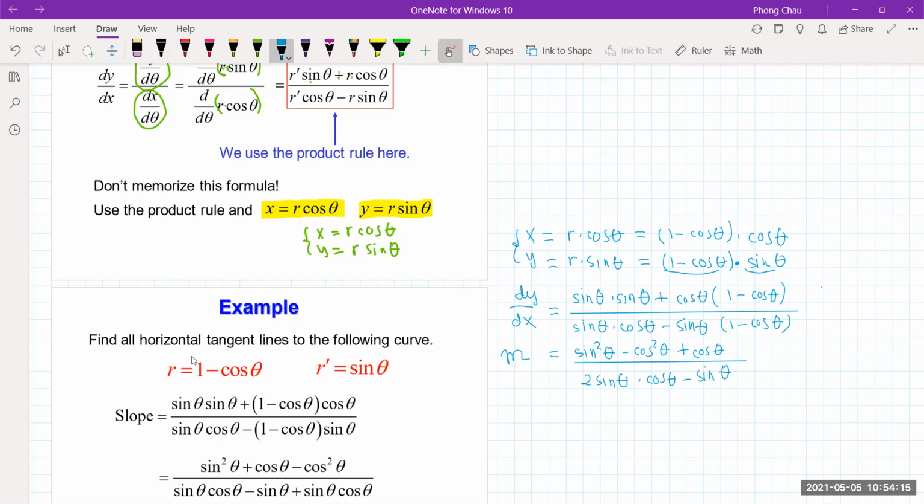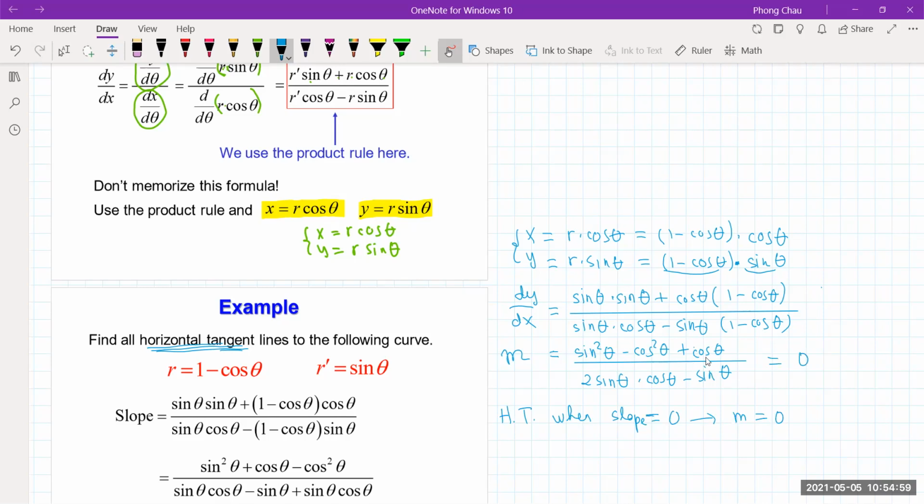If you're asked to find the horizontal tangent, the horizontal tangent takes place when the slope is 0. So you set that equal to 0 and solve for theta.